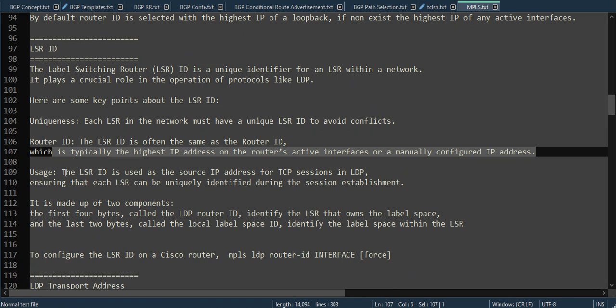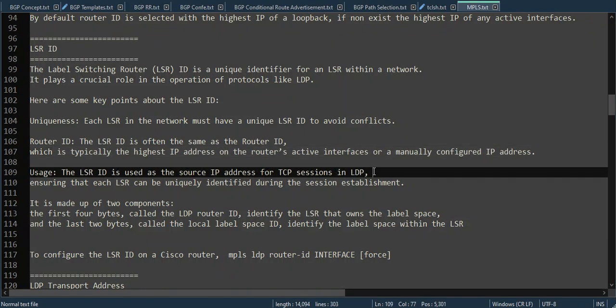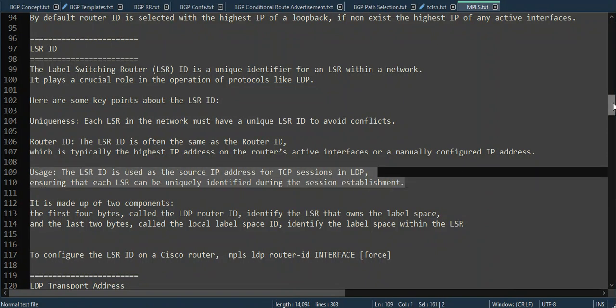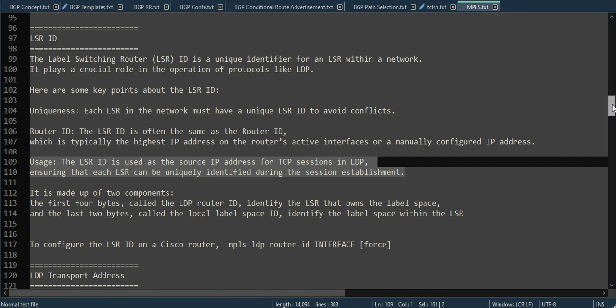And the other one is its usage. The LSI ID is used as the source IP address of the TCP session in LDP, ensuring that each LSI can be uniquely identified during session establishment. And the LSI ID is made of two components.